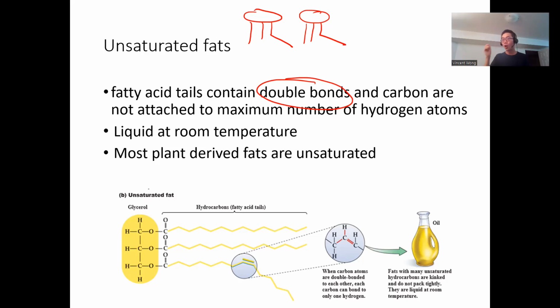Coconut oil, even though it's plant derived, is solid. It's like a white paste, you don't really pour it. I mean, there might be a little bit of liquid at the top, but for the most part, it's a white paste. So that is an exception. That's why it says most plant-derived fats are unsaturated, but coconut is an exception. That one is actually saturated.